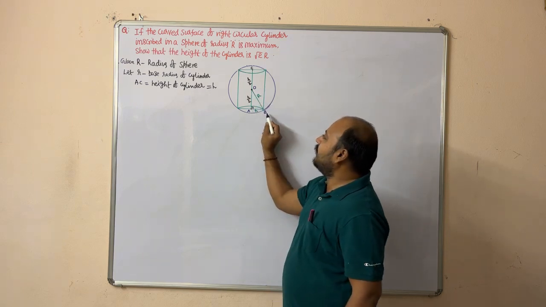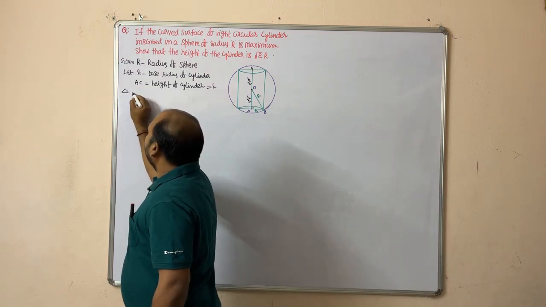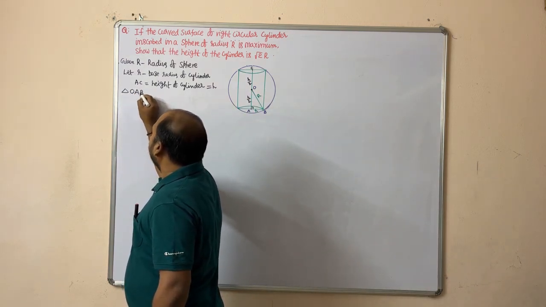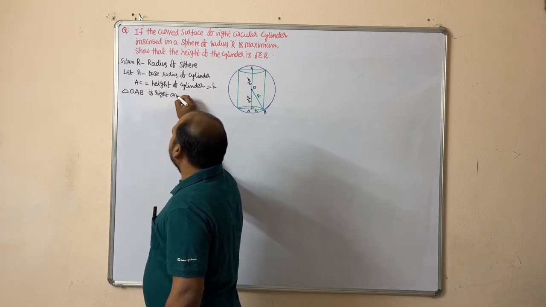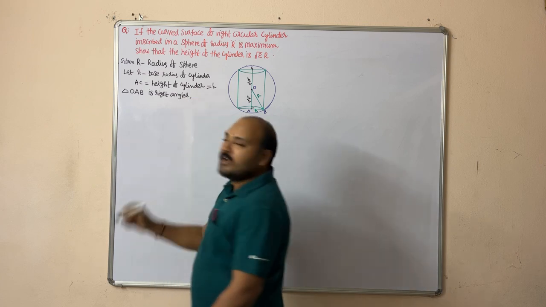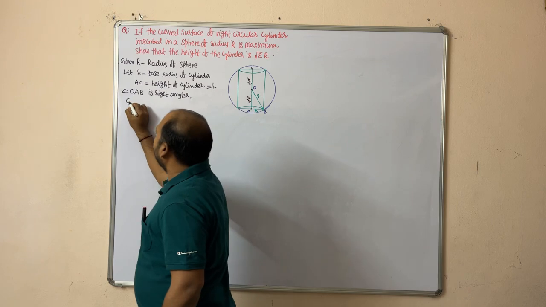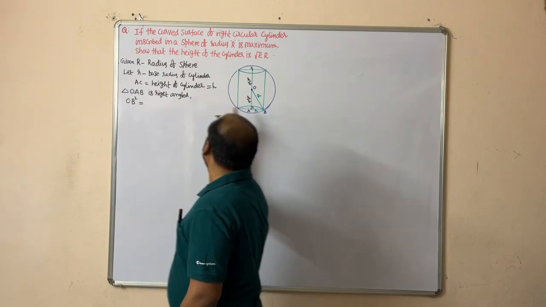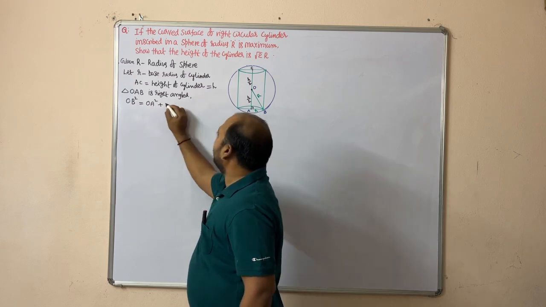Triangle OAB, where O is the center of the sphere, is right angled. Whenever it is right angled, we can apply the Pythagoras theorem. So OB square is equal to OA square plus AB square.